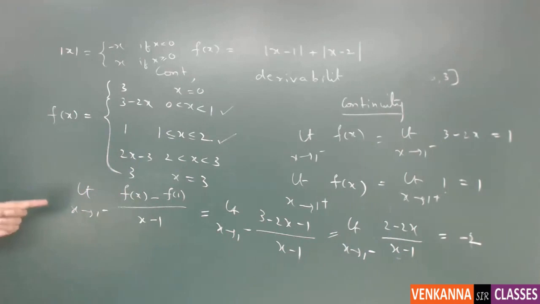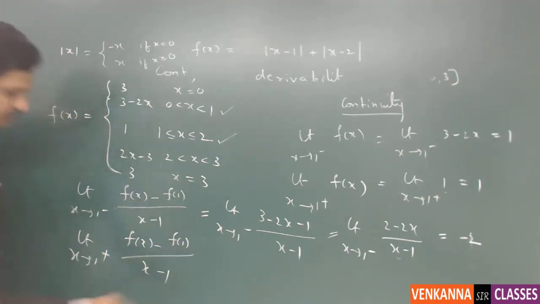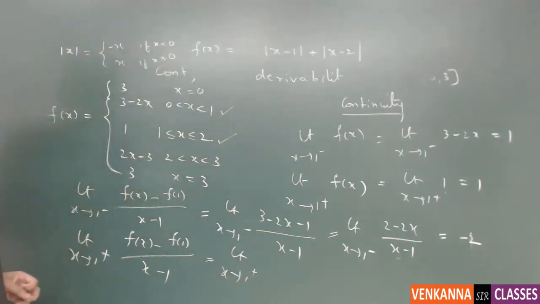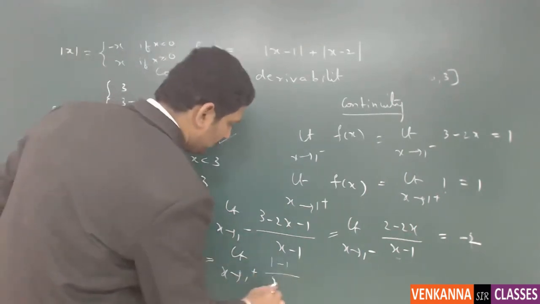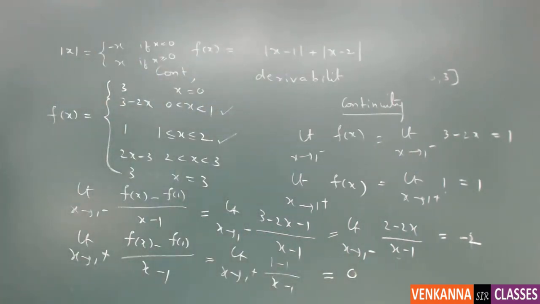Right. Now we are calculating the derivative part. If we calculate the right derivative at 1, since you are taking 1 plus, its value will be 1 minus 1 by x minus 1, the value would be 0. Right. Since the left and right derivative values exist and are unequal, the function is not differentiable at the point 1.